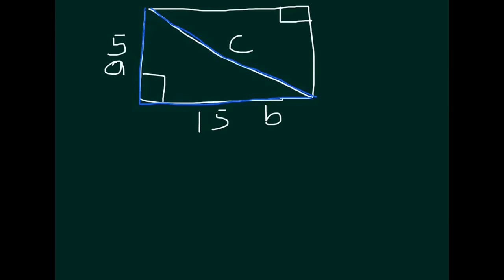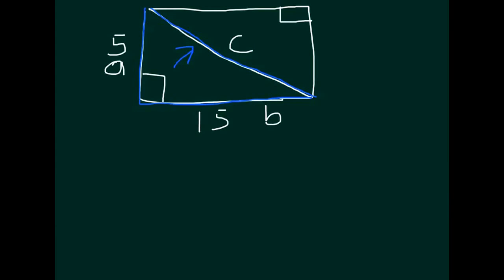The hypotenuse is the longest side in a triangle. It is opposite the 90 degree. Always opposite the 90 degree. And lastly is the Pythagorean theorem, that the square of the hypotenuse is equal to the square of a leg plus the square of another leg.